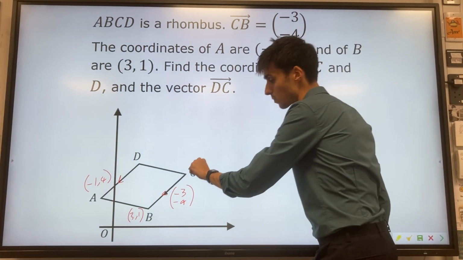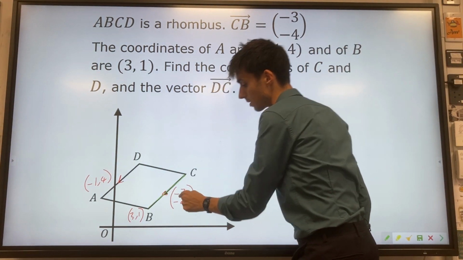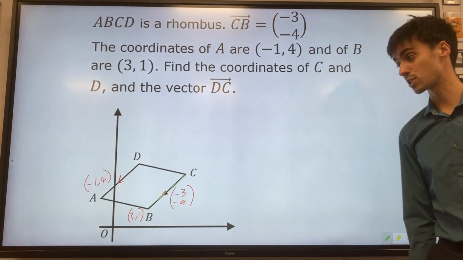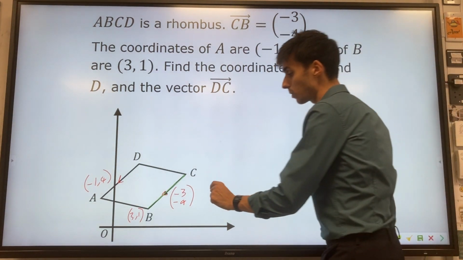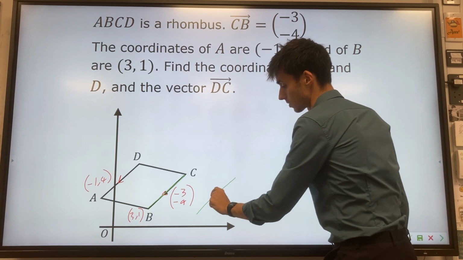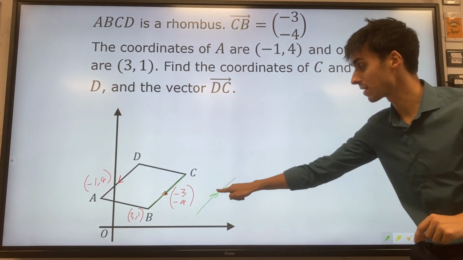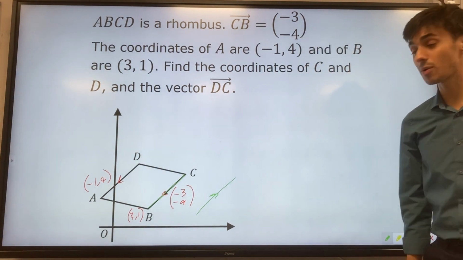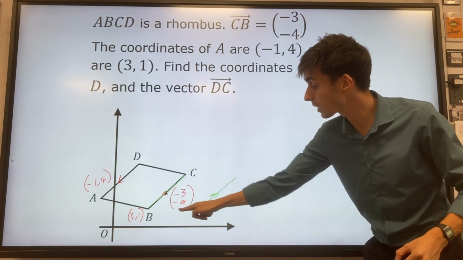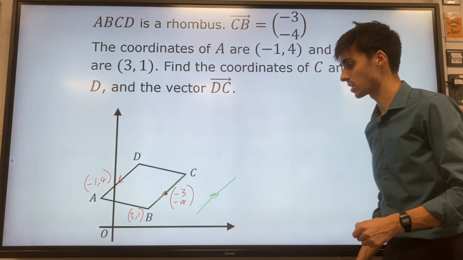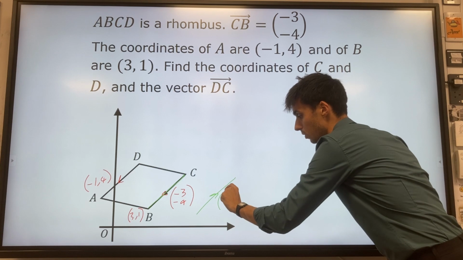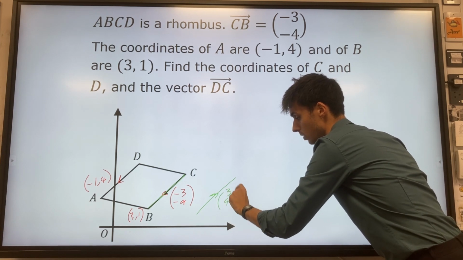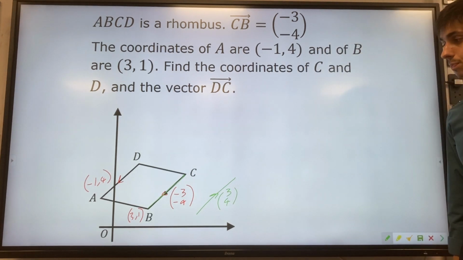If going this way from C to B was -3, -4, well, if we want to go the other way, so I'm just going to draw this vector out here, the same thing. The opposite direction, we have to times everything by -1. So this vector would be 3, 4. We've just got rid of the minus signs.